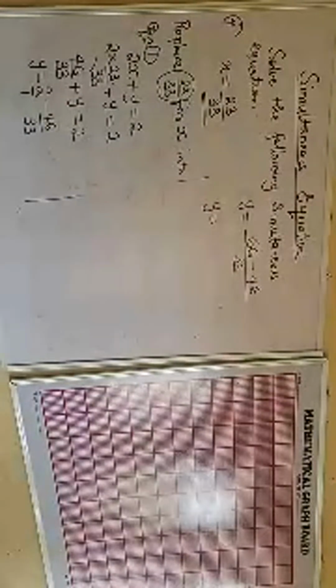Now, y is equal to what? 66 minus 46 is 20. So it will be 20 all over 33.